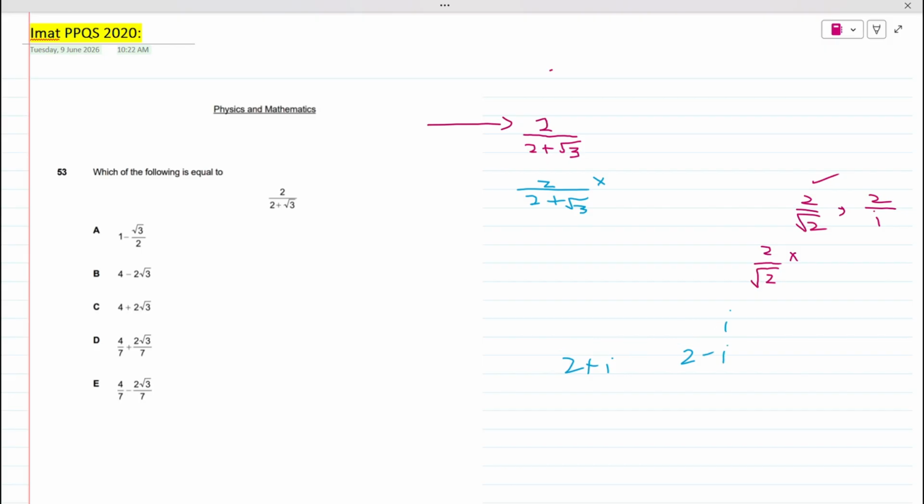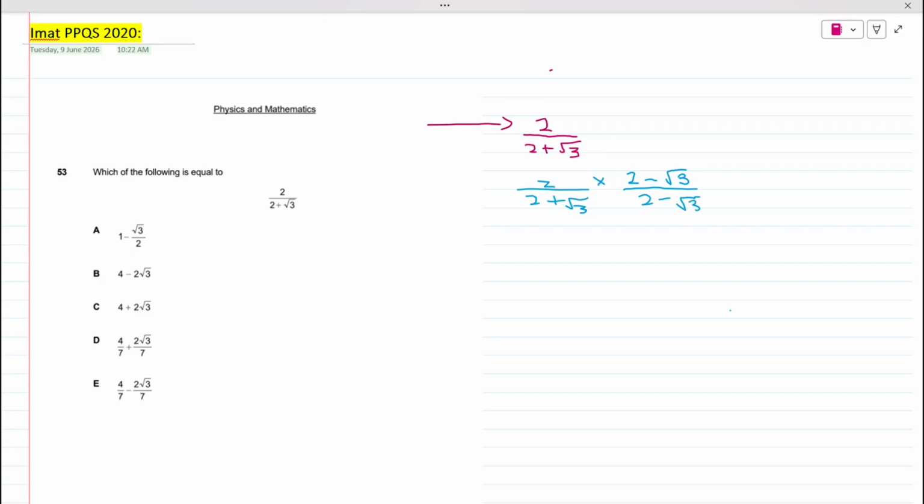This rationalization you will be doing here as well. You have to change the sign of this radical term. You take this entire term from the denominator, which is 2 plus radical 3, but of course the radical 3 sign would be changed, so 2 minus radical 3, in the numerator as well as in the denominator. Now you have to do nothing.